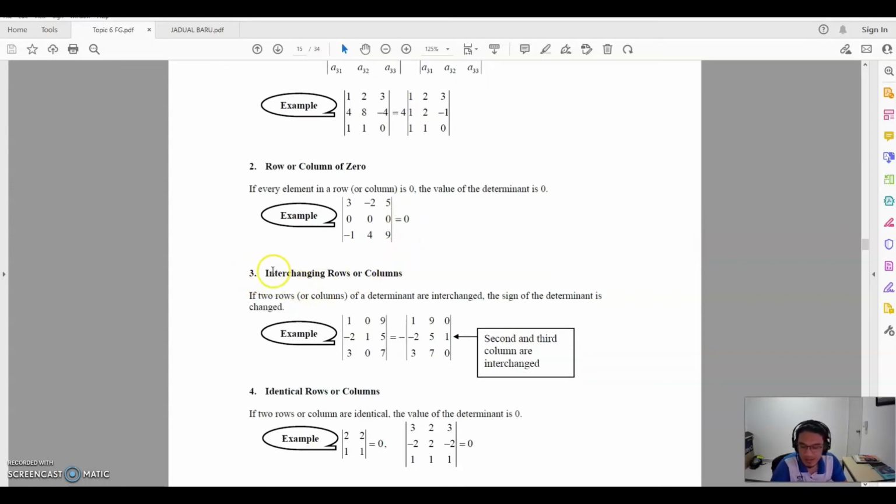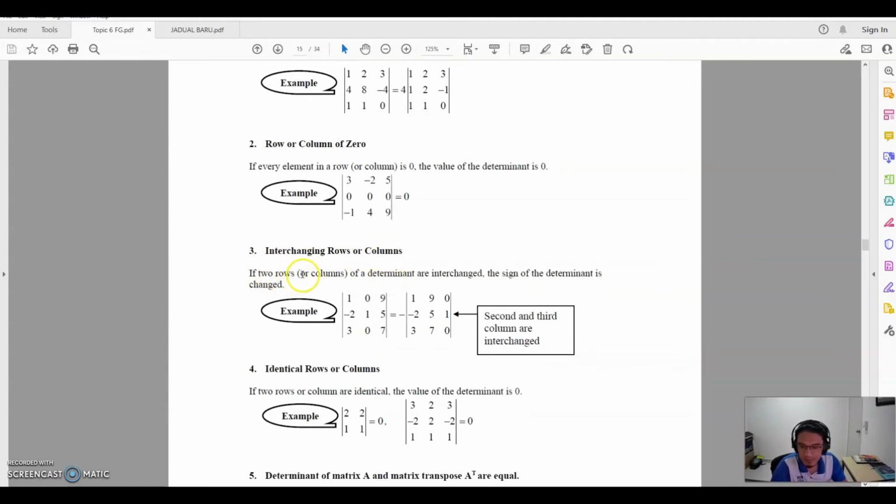Okay, then number 3, interchanging rows or columns. If two rows or columns of a determinant are interchanged, the sign of the determinant is changed. Okay, for example, look at the second and the third column from this matrix and compare it to the second and the third column on the matrix on the right side.